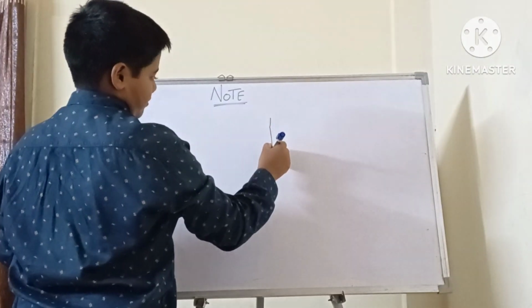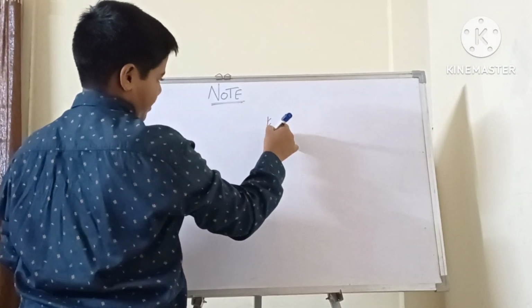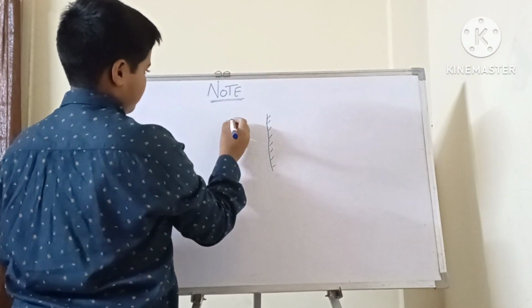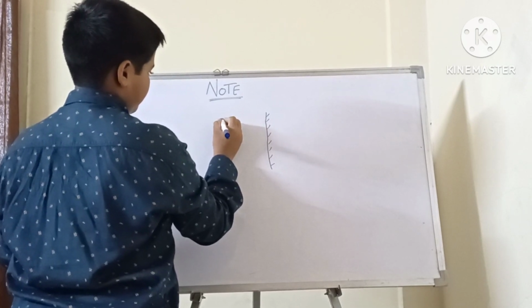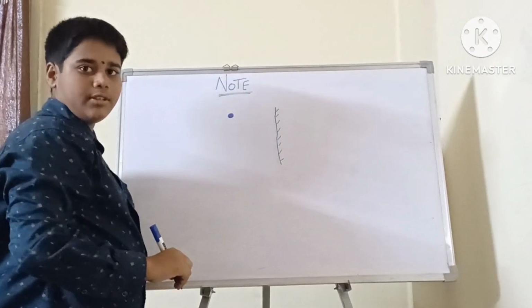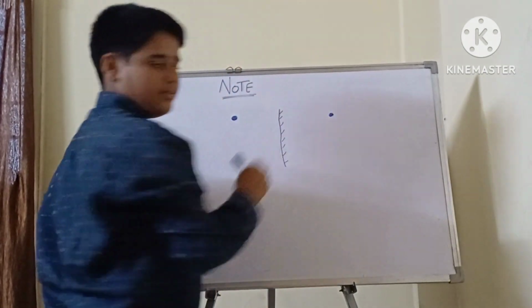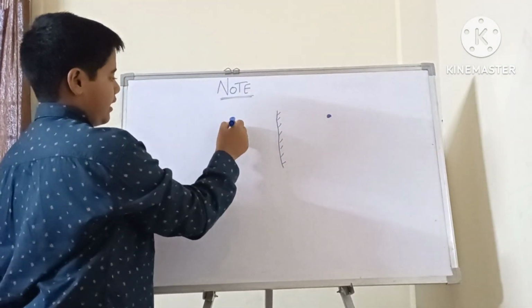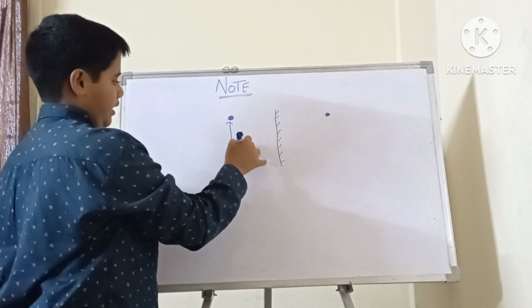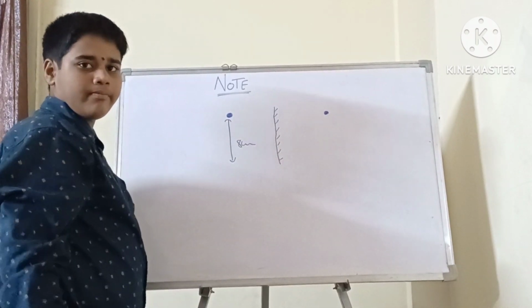Here I am taking a plane mirror. This is the object, so the image will form like this. I am taking the object height as 8 centimeters.